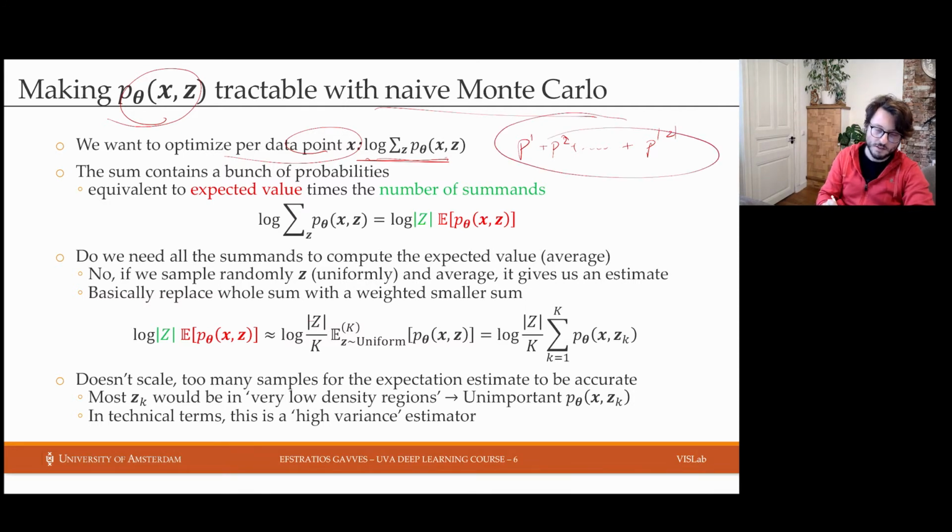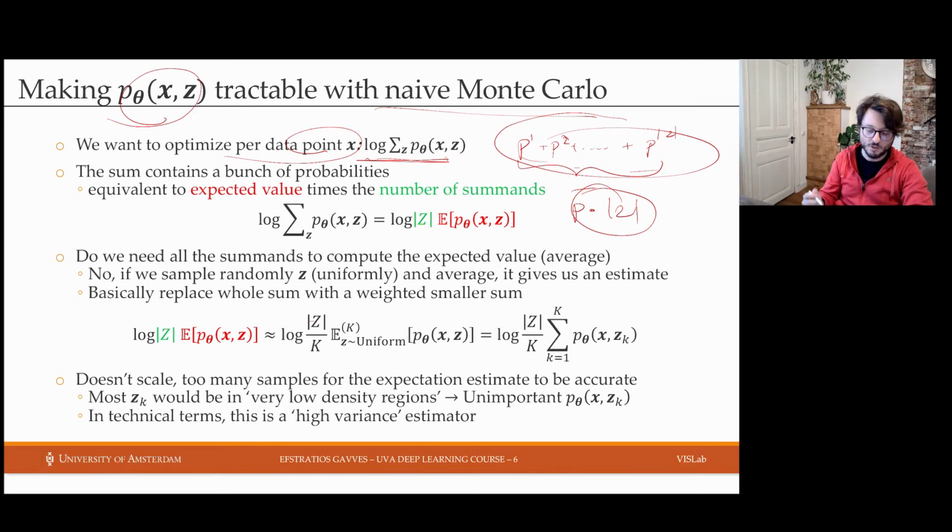We could approximate this summation. This summation is the quantity we want to compute. We can approximate it by taking an average, right? So if we were to take an average P like that, and then multiply it with the number of components here, the summands, we would basically be able to reformulate our summation.